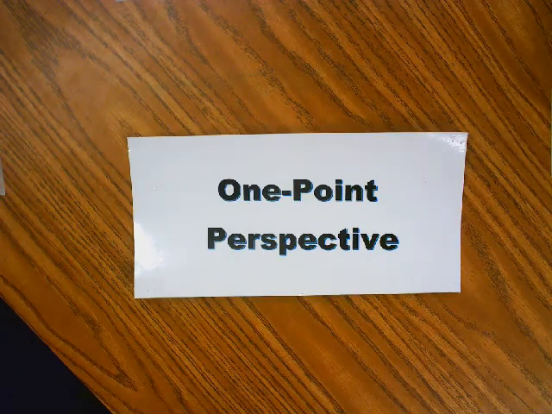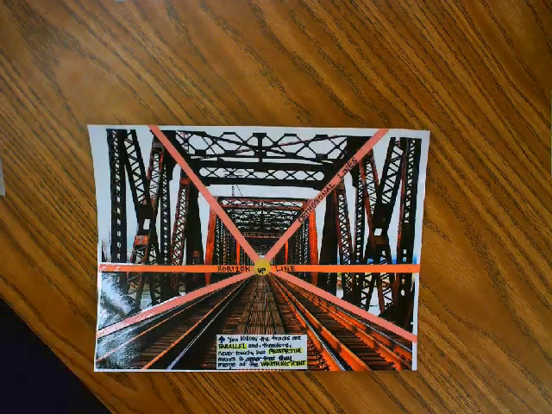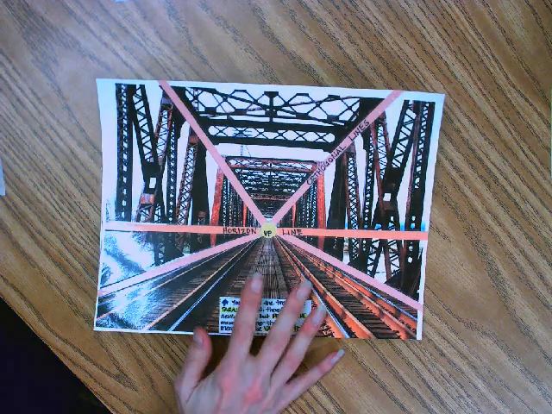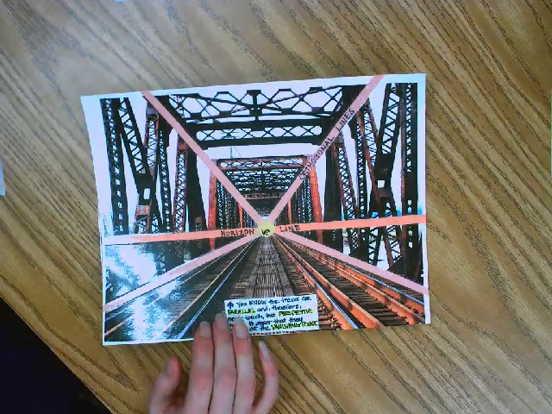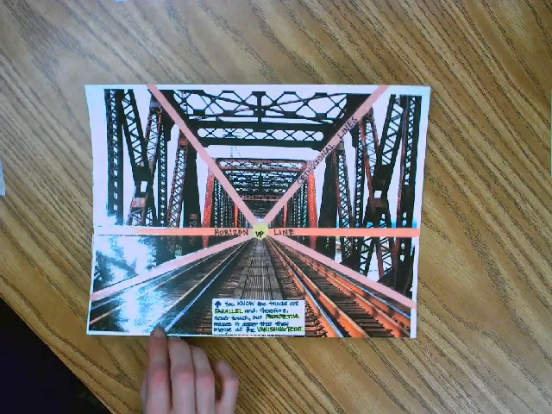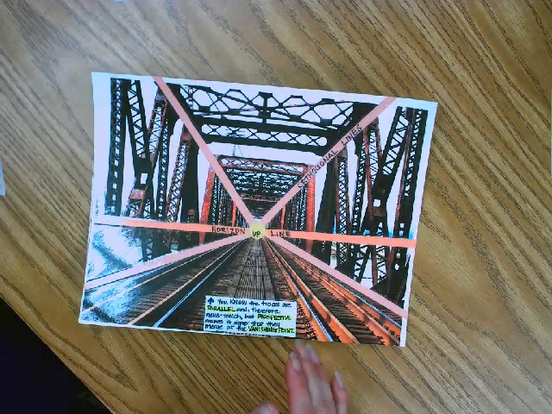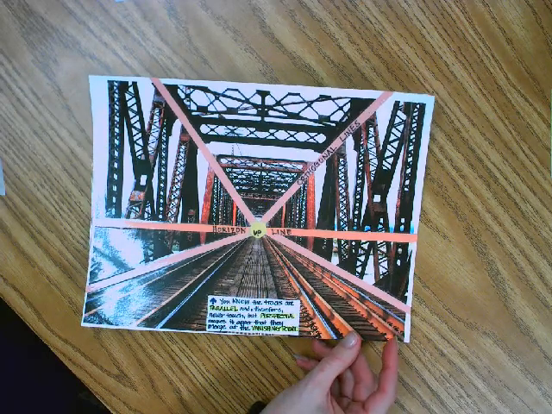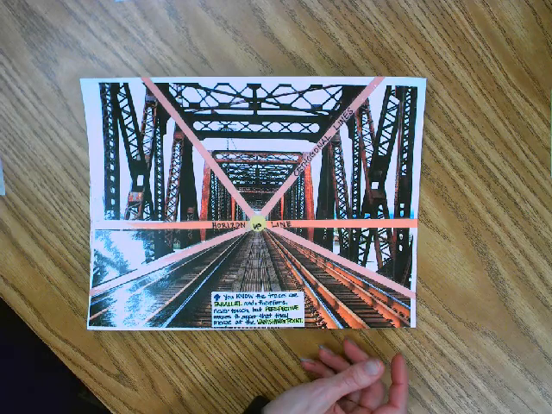So when you have one-point perspective, this is a great example of it because this has train tracks, which we know are parallel. They never meet. If they did, the train would crash, and that would be bad. So in this image, it does look like they go back into space and eventually converge, and that is because of the one-point perspective.